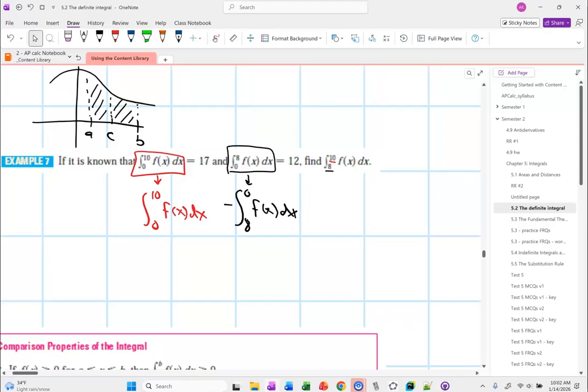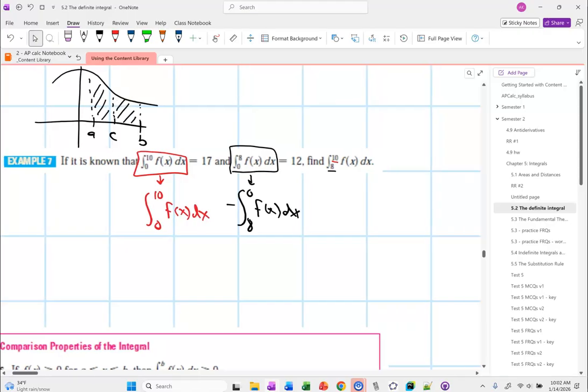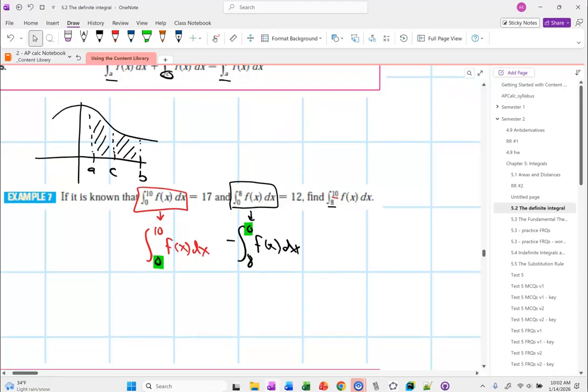And then I notice that, hey, those are the same. So what are they going to do? If I add them together, that then will give me this, right?